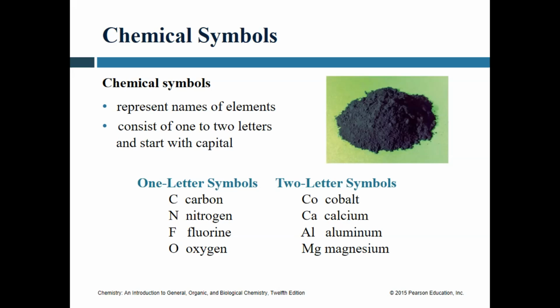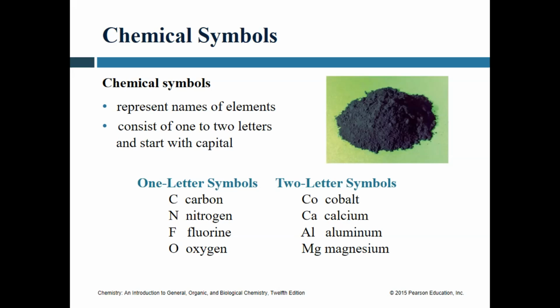But your one-letter symbols, these ones tend to be very common elements also. Hydrogen, carbon, nitrogen, oxygen. Two-letter symbols, again, for the most part, it kind of works out that it's the first two letters of the element's name, but that's not always the case.